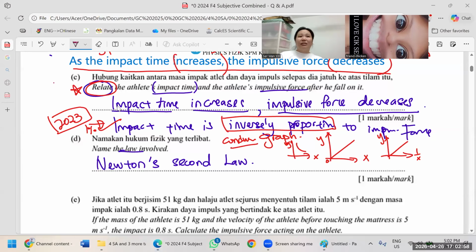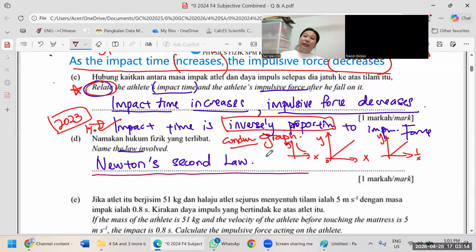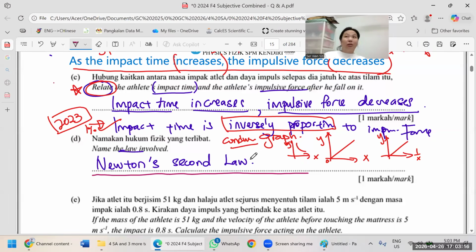Thank you, Sydney. Thank you, Michelle. Thank you, Kai Jun. Thank you, Jitro. No, I cannot give one more because the name of the law is not complete. Newton's second law of motion. Then only I can give one mark.